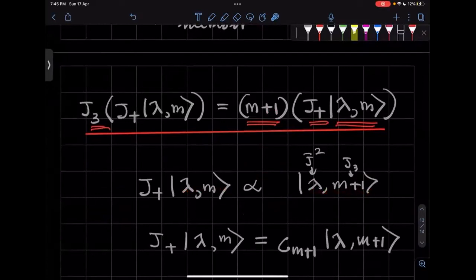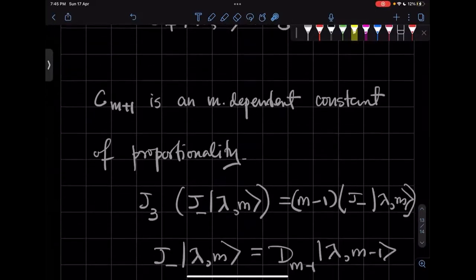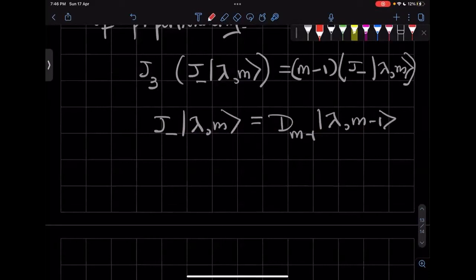Yeah. And then we call that proportionality constant something, C m plus 1. And similarly, if I apply J minus to this state, it decreases the J3 eigenvalue by 1. And I write that here with a new proportionality constant. C is for J plus, D is for J minus. So these are kind of like ladder operators? They're exactly ladder operators. That's my next statement, as you've seen in harmonic oscillators.